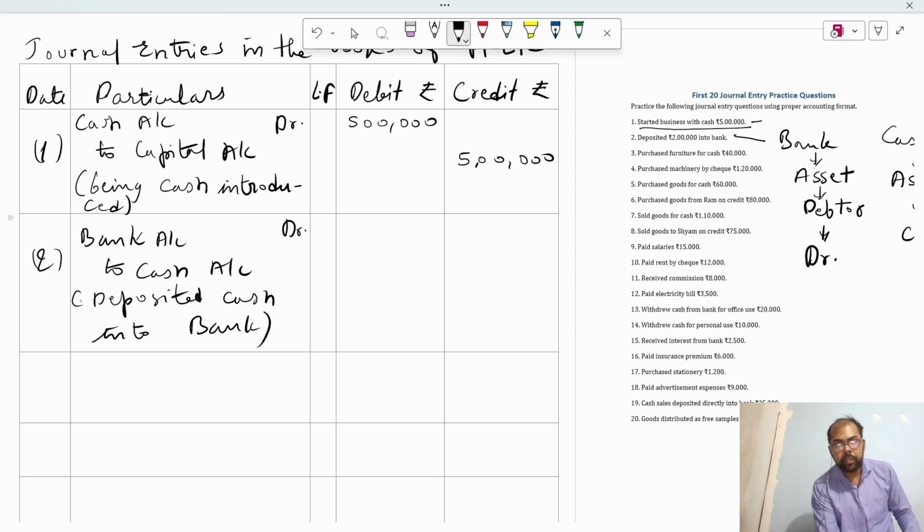This is also called a contra entry. When we learn the cash book, we will also see why it is called a contra entry. So here it is rupees 2 lakh.